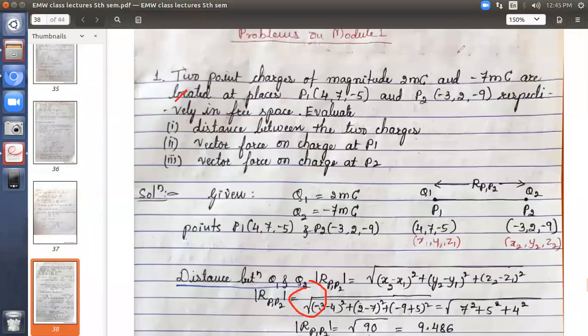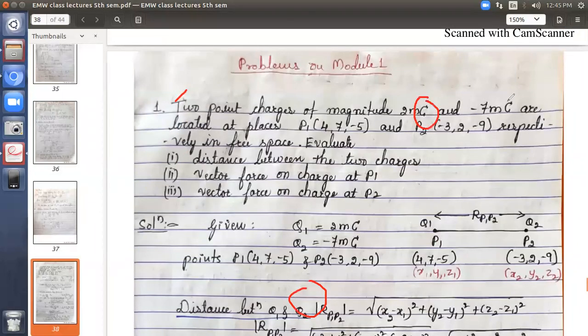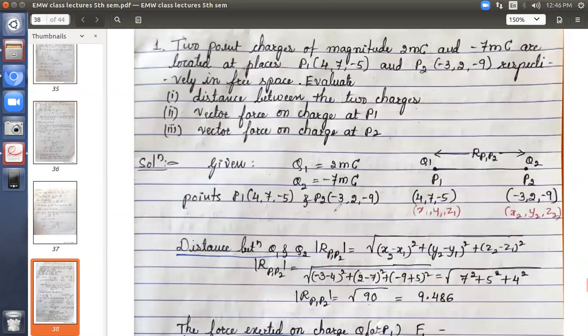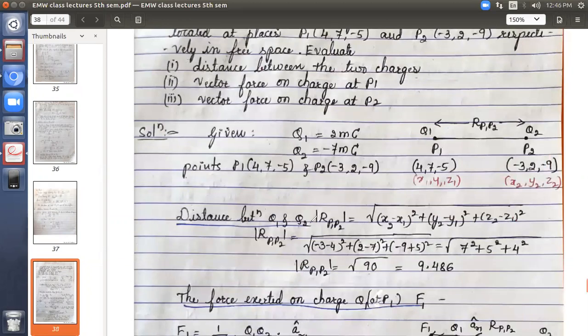See, the units of the charges are given in coulombs, but the points are given in general. Sometimes in the question it is mentioned in meters. If it is mentioned in meters, then when you find the distance between the charges, whatever answer you get, you put that in meters. Okay, that is your answer.